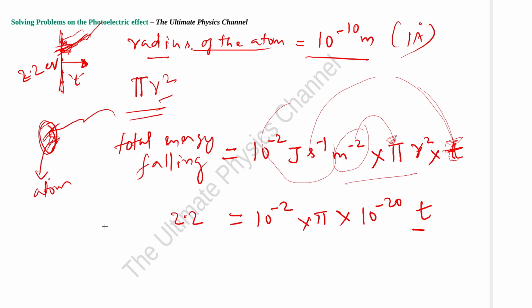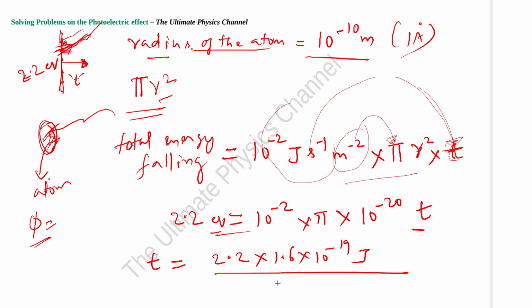2.2 is the work function, so that is the energy that is supplied to the metal surface. If you equate this and T is on one side, then we have 2.2 electron volt. This is in electron volt, so on the right side we have joule units. So the conversion is 1.6 times 10 power minus 19 joule over 10 power minus 22, 3.14 roughly for pi, times 10 power minus 22.